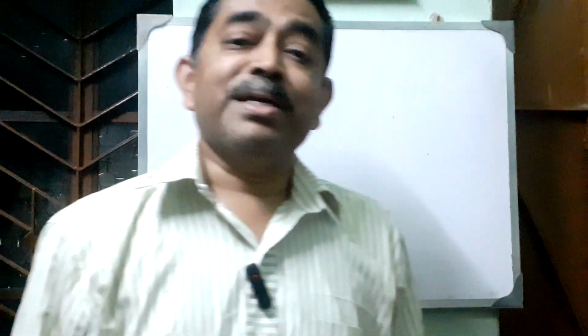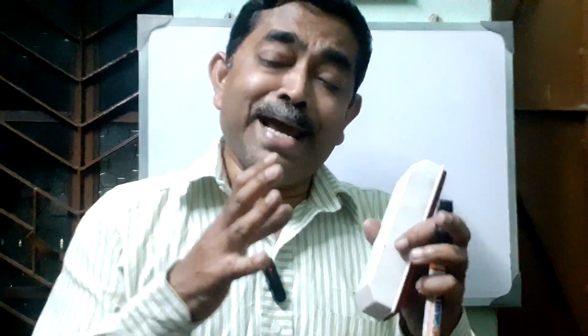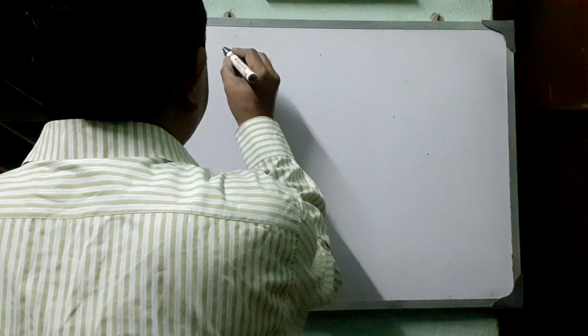So one baby can acquire one of these three alleles A, B, O from each parent, developing the nine possible genotypes and four possible phenotypes. How can this happen? I am showing it by a diagram.